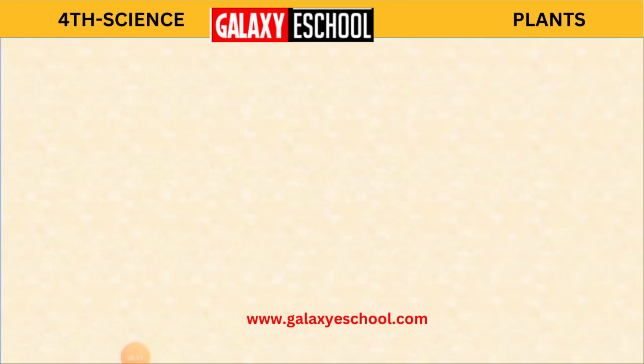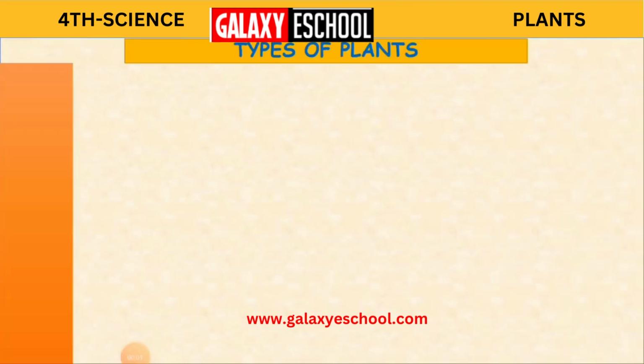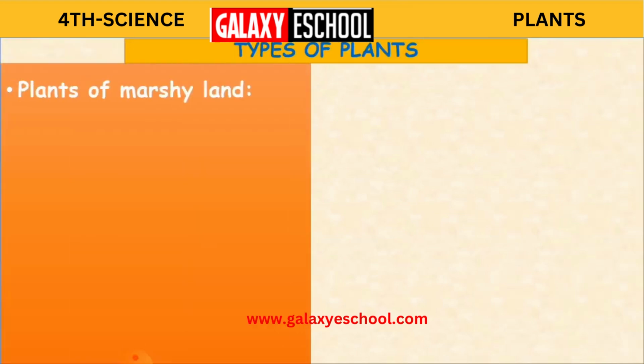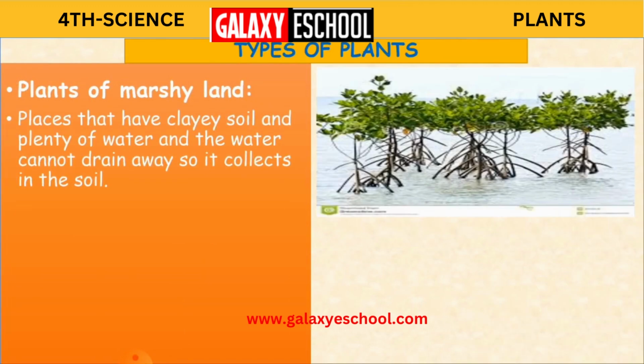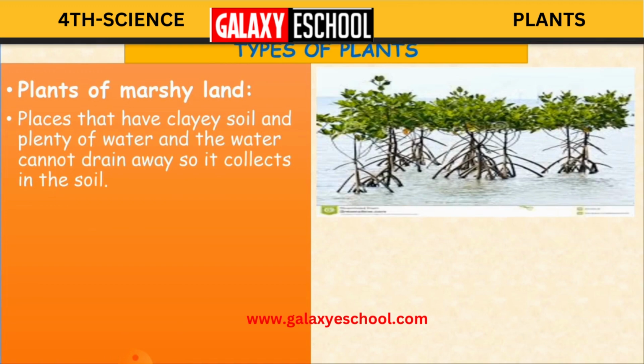So we'll learn some more types of plants, children, here. Plants of marshy land. What do we mean by marshy, children? Marshy means wet, filled with so much water and soil. So this area is called marshy.